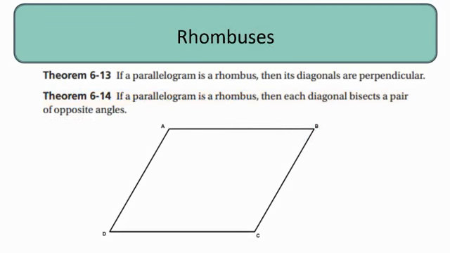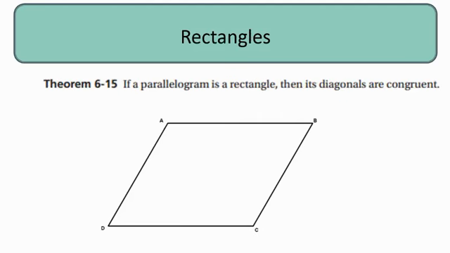Then we talked about the converse of each parallelogram. If a parallelogram is a rhombus, then the diagonals are perpendicular. If a parallelogram is a rhombus, then each diagonal bisects a pair of opposite angles. If a parallelogram is a rectangle, then its diagonals are congruent.